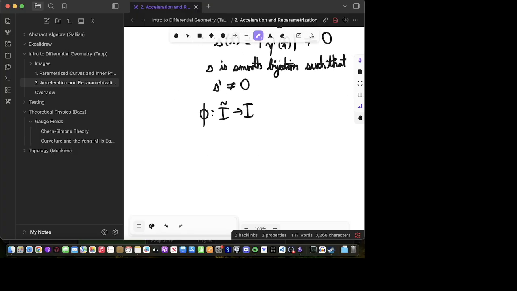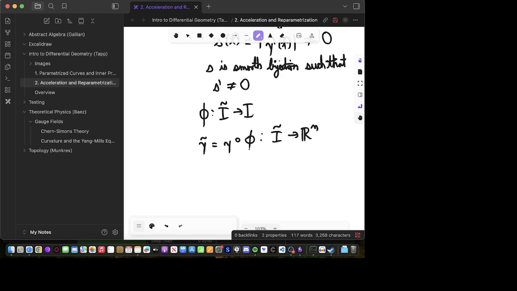So now we have that our reparametrization is equal to the composition of gamma and phi. Remember that phi comes first, and that's why it's to the right. So it goes from a second interval to Rn.